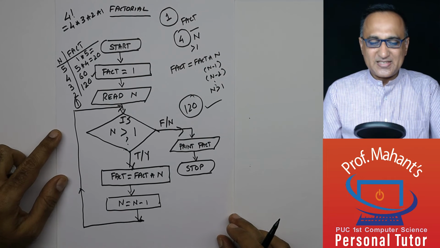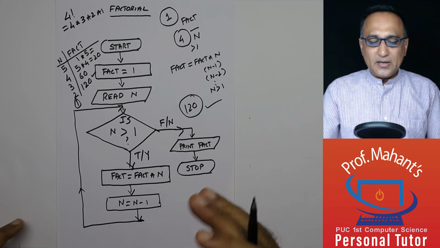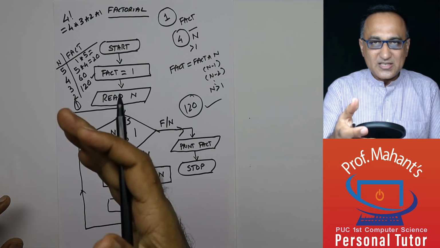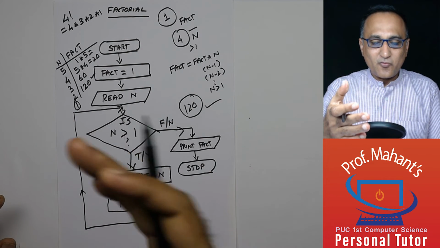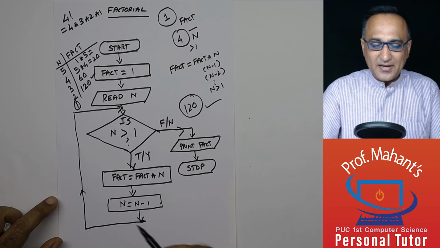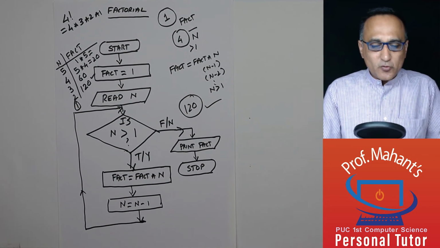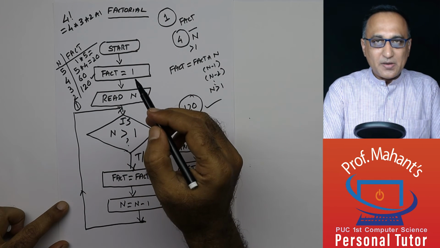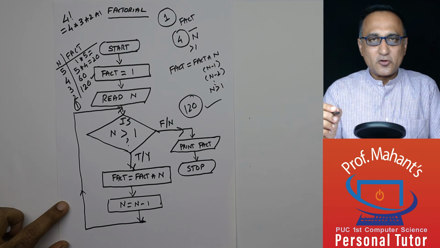In order to understand this logic, please go ahead and try to test it with 6, 7, 5, 4, 3, whatever number you like, and run through this logic step by step. As I told you, a few things you need to understand. Fact needs to be 1, the reason being the factorial of 0 is also 1 and the factorial of 1 is also 1.